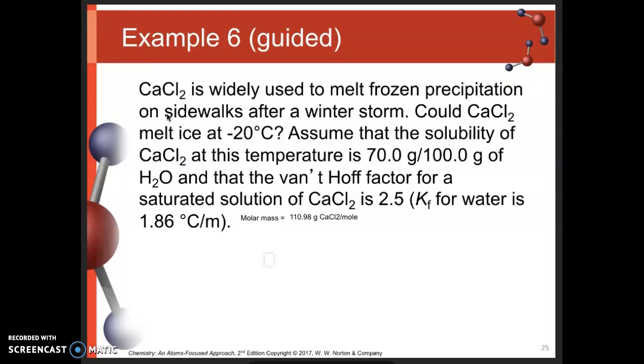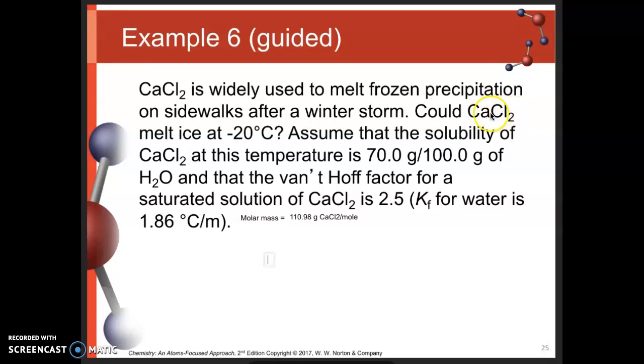And for that, we have to make some assumptions. We have to assume that the solubility of calcium chloride is 70 grams per 100 grams of water, and that the Van Hoff factor in this case is actually 2.5. If you recall from our previous video, we would have estimated that the Van Hoff factor here was 3 because we would get 3 ions per molecule.